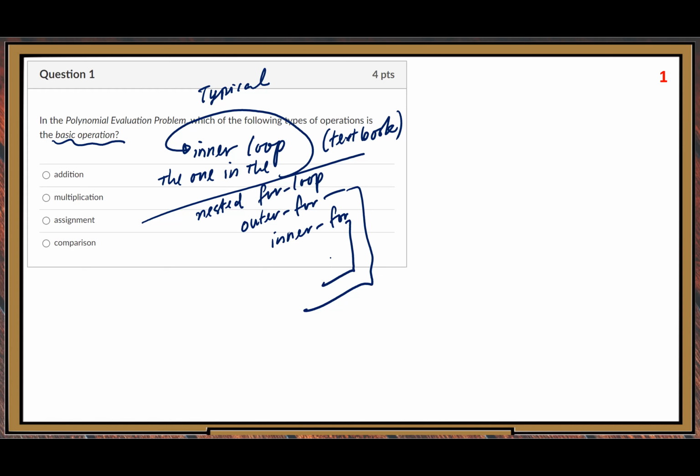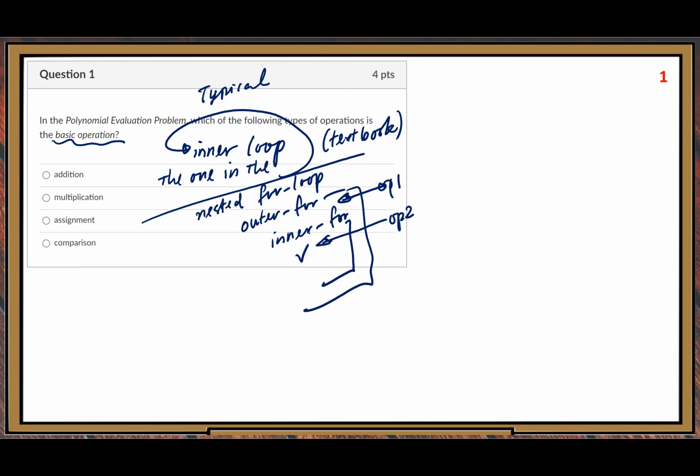For example, if operation 1 appears in the outer for, but operation 2 appears in the inner for, you should select operation 2. This is the picture behind the textbook suggestion.